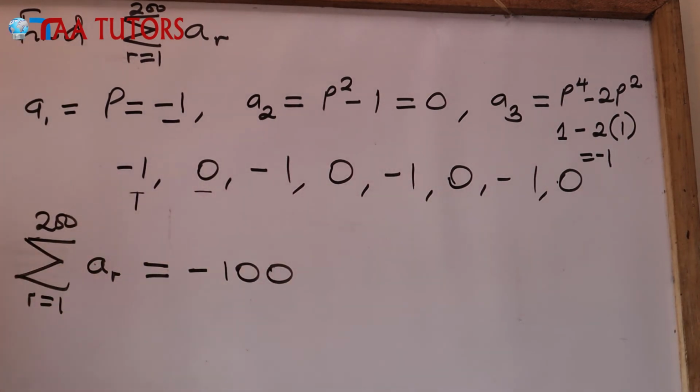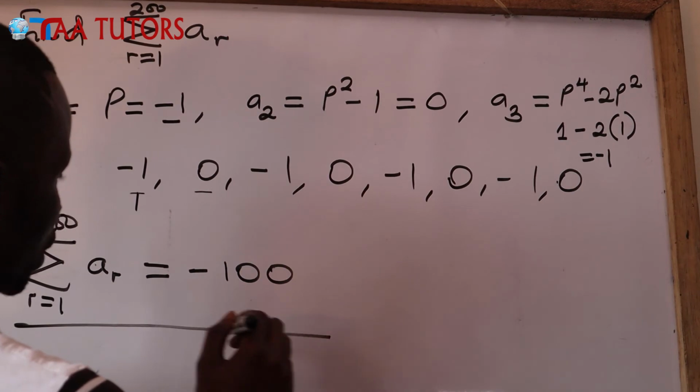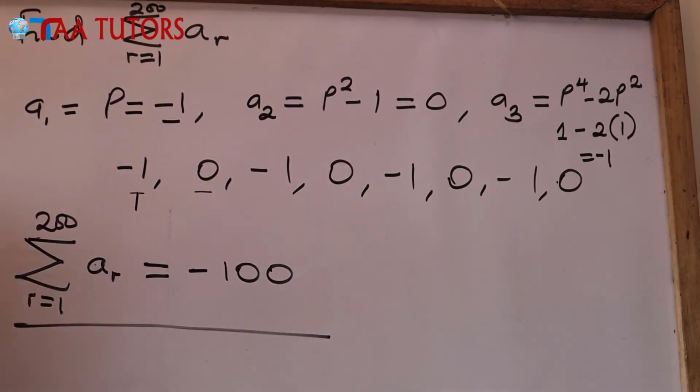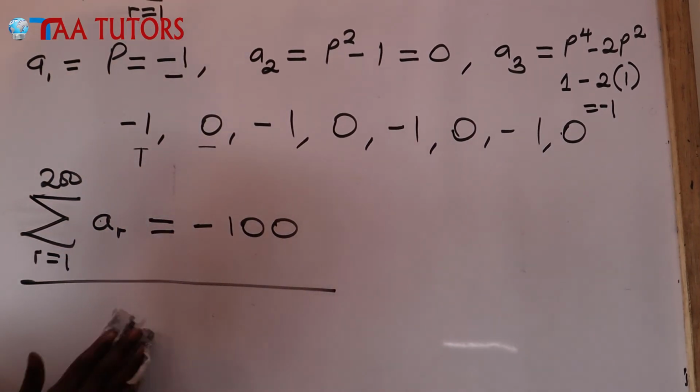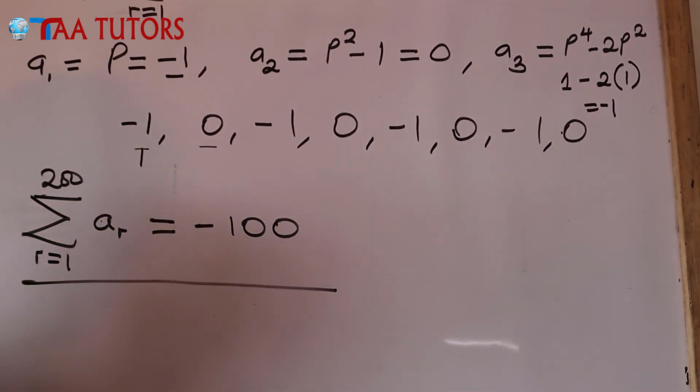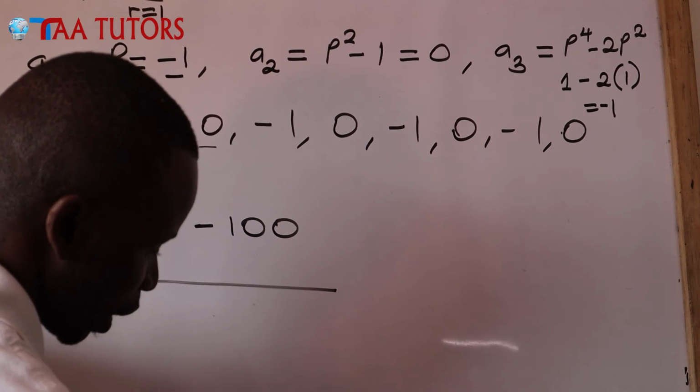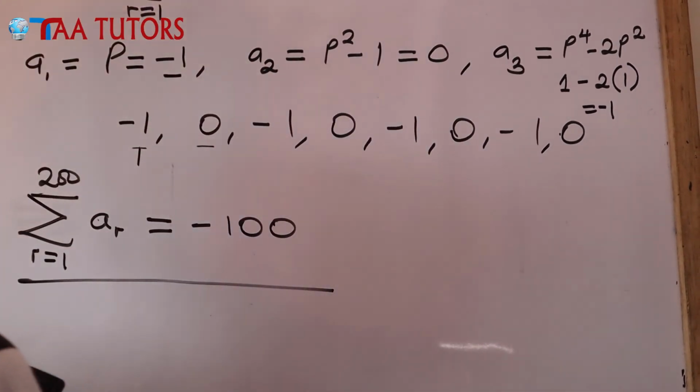Why? Because 0 times 100 is 0, and 100 times -1 is -100. That's something that needs you to think when you reach there, but it's very easy to do if you know that in a periodic sequence the numbers will be alternating. So it's not a big deal.